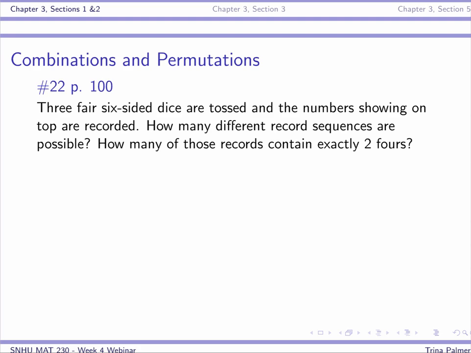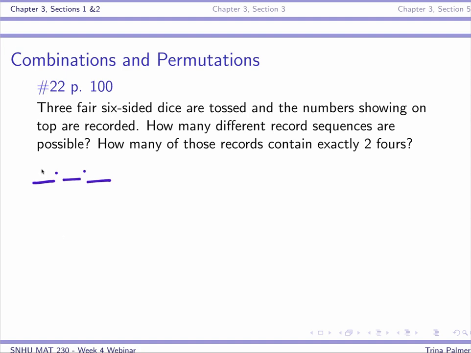This next one is very similar to one of your homework questions. If we have 3 fair 6-sided dice and they're tossed, and the numbers showing on top are recorded, how many different record sequences are possible? Think about each roll being different, so the order matters: first, second, third.